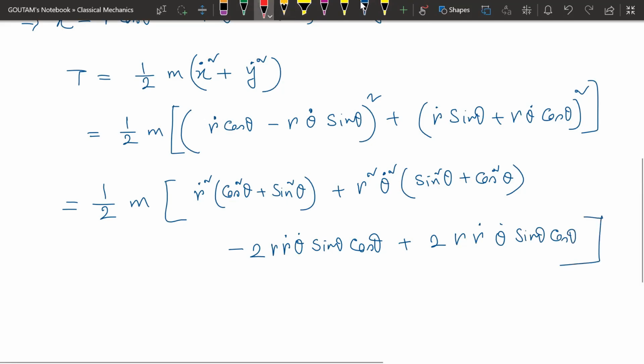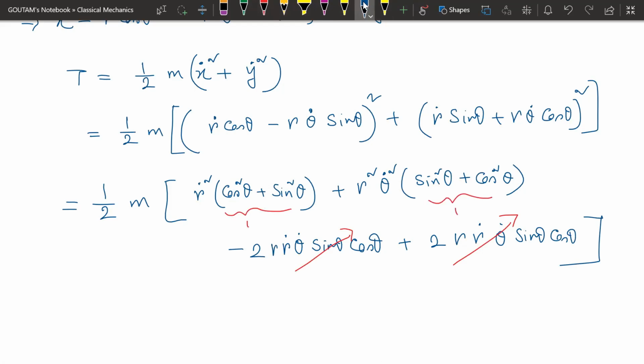These two terms cancel each other, and sine square plus cos square theta is 1, and this is also 1. So what we get is the kinetic energy in plane polar coordinates: half m times r dot square plus r square theta dot square.